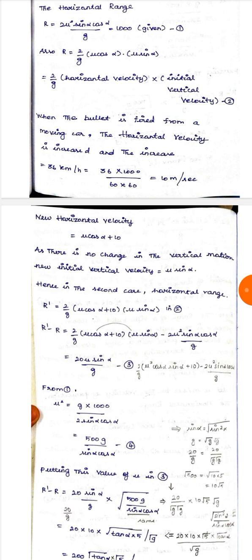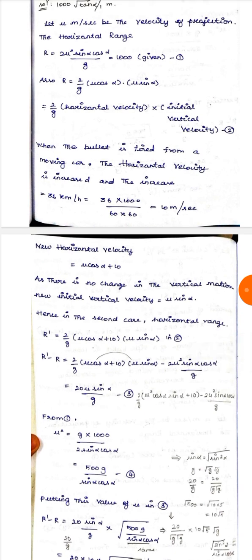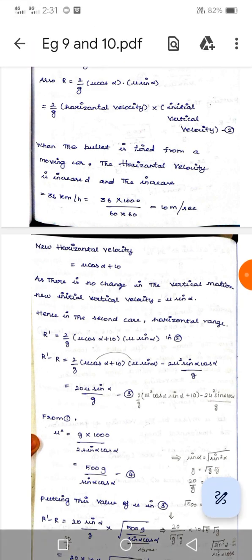From the first equation, we keep u squared on the left-hand side and the remaining terms on the right-hand side. Then u squared equals g into 1000 by 2 sin alpha cos alpha. 1000 by 2 is 500, so u squared equals 500g by sin alpha cos alpha. This is equation 4.